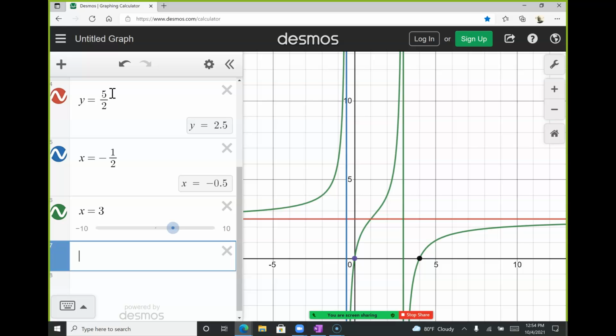Now, I want to try and look at the short run behavior at 3. So looking at my mouse here, you can see a bend this way and a bend this way. And I'm saying that looks like the opposite of 1 over x.